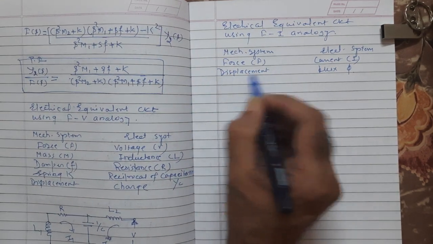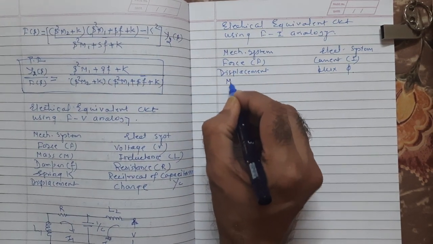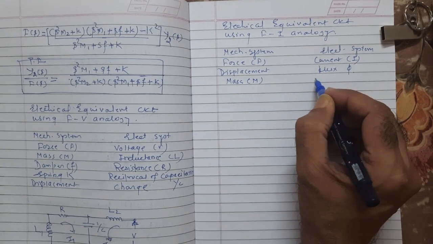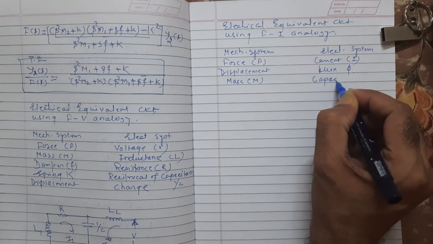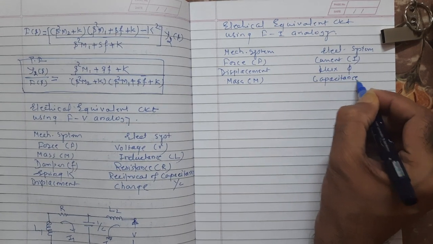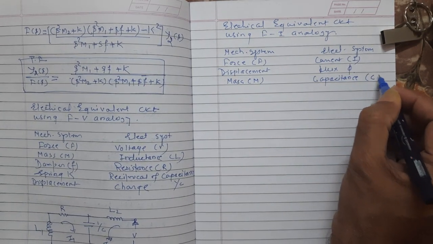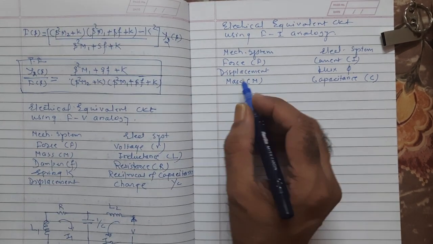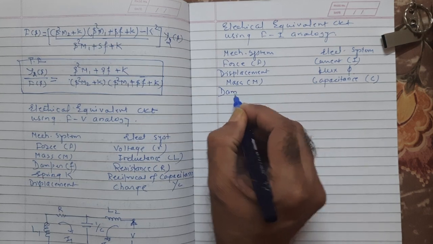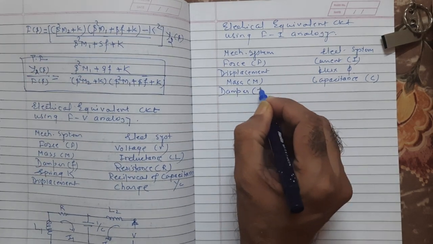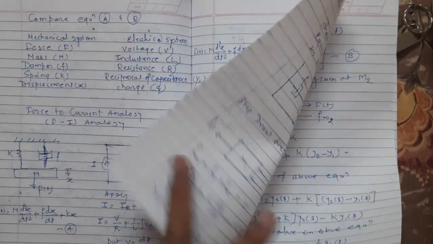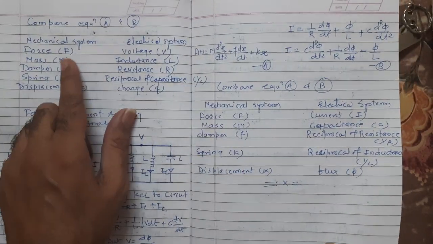Then there is a mass, that is M. Here is the capacitance, that is C. Then here is the damper, that is F. Now see here, what is the equivalence of the damper that we have already in the F2I analogy?